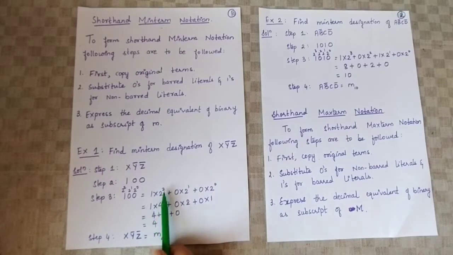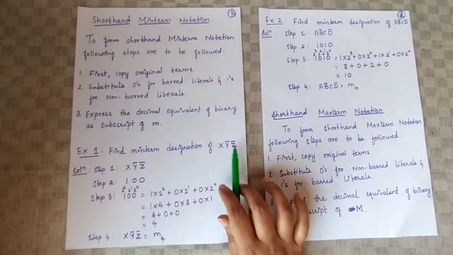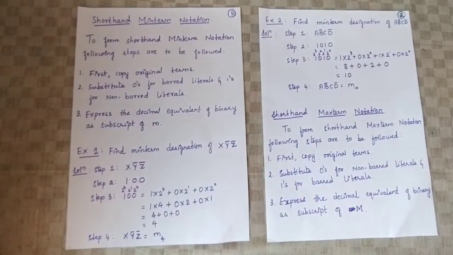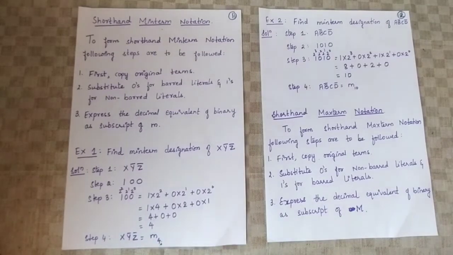So 1 into 2 raised to 2 is 4, plus 0 plus 0, which gives 4. So for x, y complement, z complement, its shorthand or min-term designation will be lowercase m with subscript 4. Okay, so this is how we find the min-term designation for a given min-term.